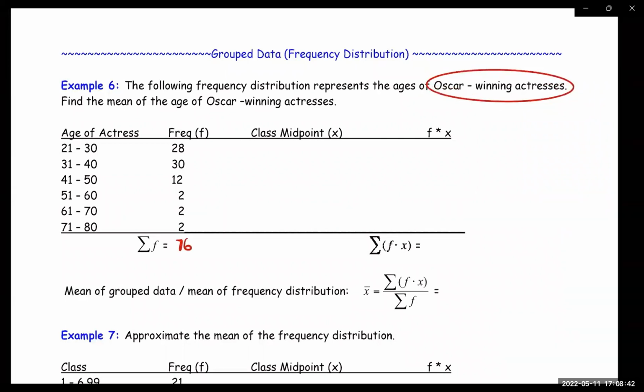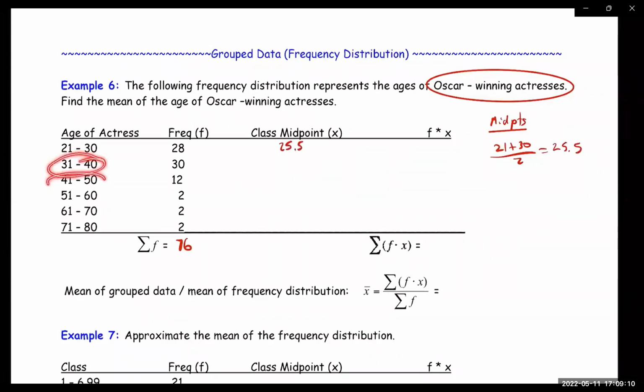For the midpoint, remember how to do the midpoint? We add these two numbers and divide by 2. So I'll do that on the side. Midpoint: you're going to do 21 plus 30 divided by 2. That's going to be 51 divided by 2, which is 25.5.